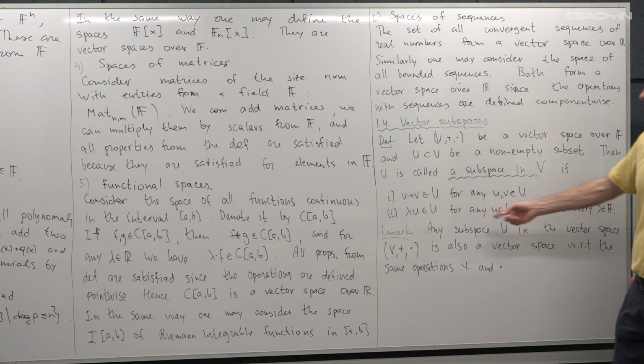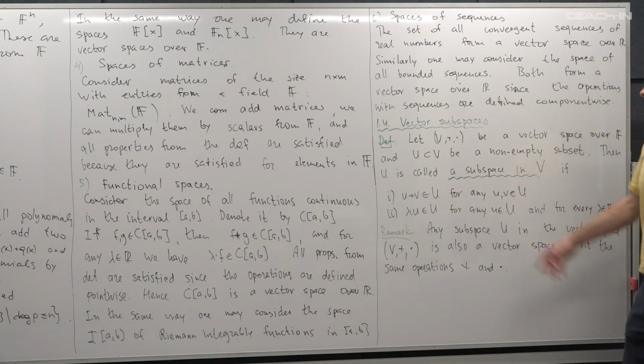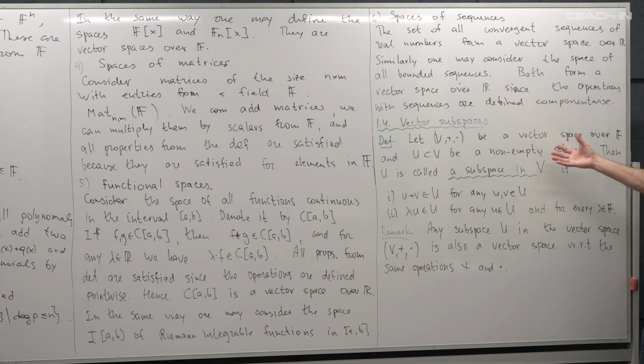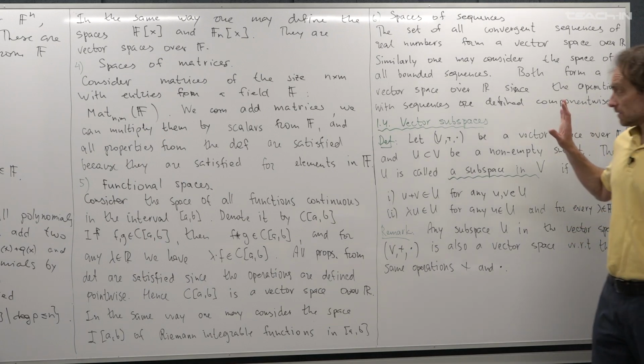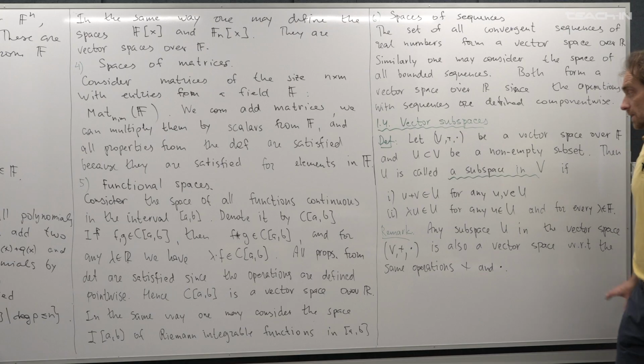So that's why we require that u + v is from U and lambda multiplied by u is also from U. So if we consider the set that satisfies these two properties, we always get another vector space with respect to the same operations that were defined in the ambient vector space. This is more or less typical for any algebraic structure.